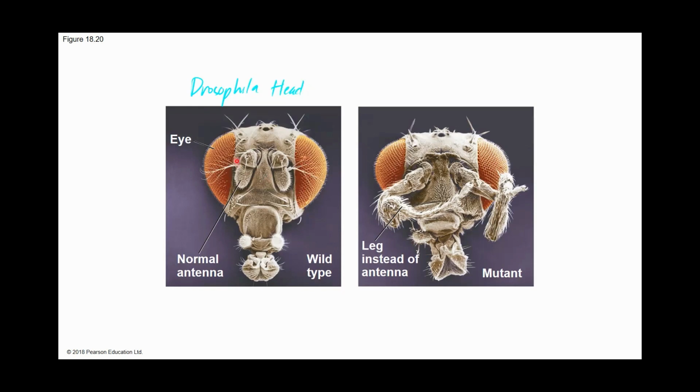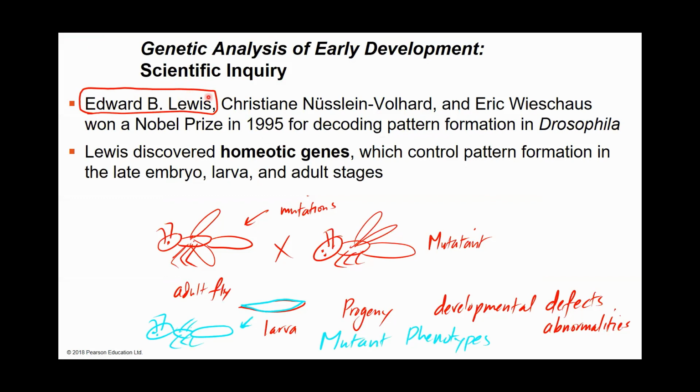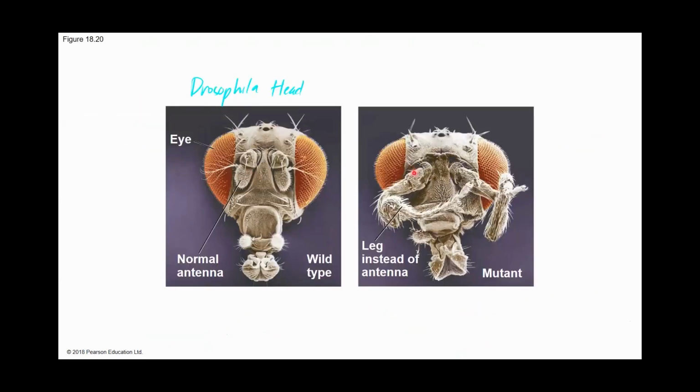And as you can see here, we have the eyes. Okay, maybe this is the mouth, and I'm not an expert in the anatomy of the Drosophila fly. But here we have the fly antenna. Now, when Edward Lewis did his experiment by mutagenizing flies and mating them, and then analyzed carefully the resultant progeny, he was able to find some bizarre mutants, or flies with mutant phenotypes.